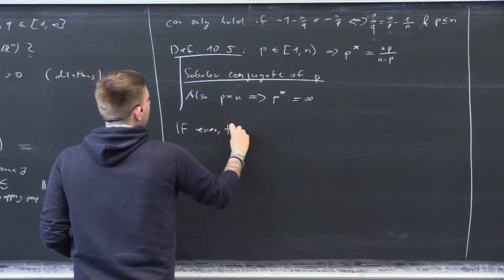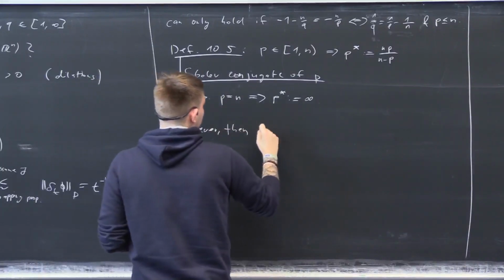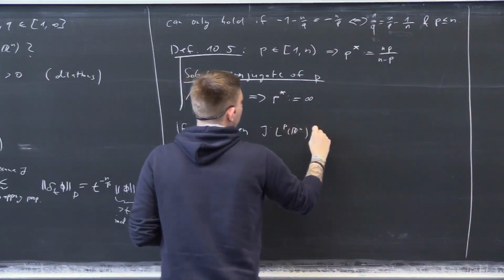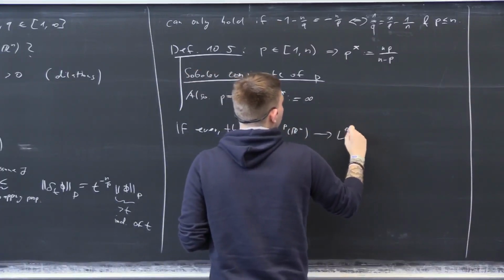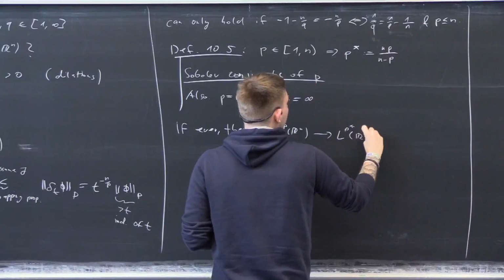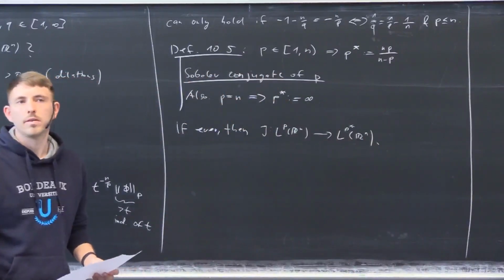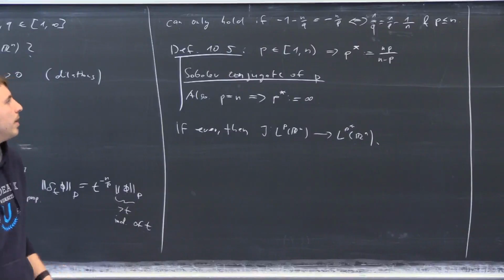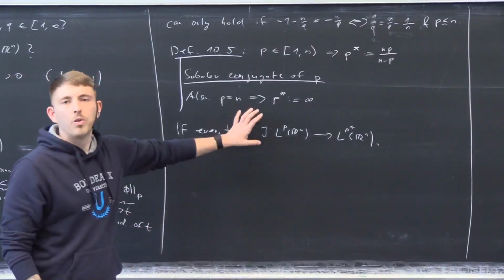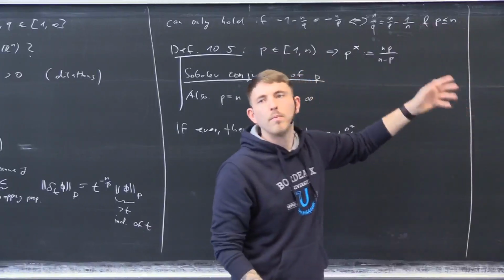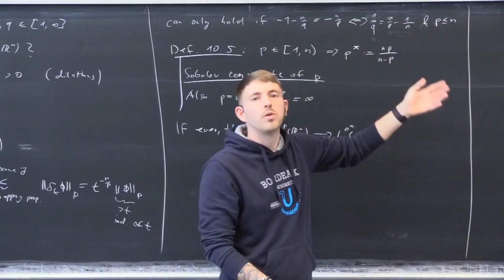This would be reasonable, this is possible. Now the question is, do we get it, and do we get it for all these p's here? So really from 1 included to n included.